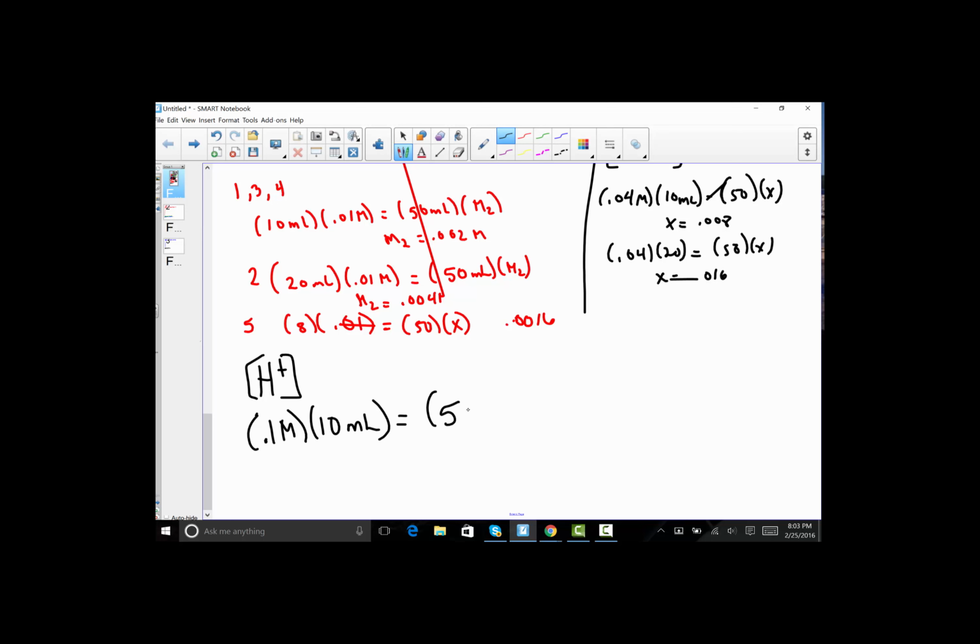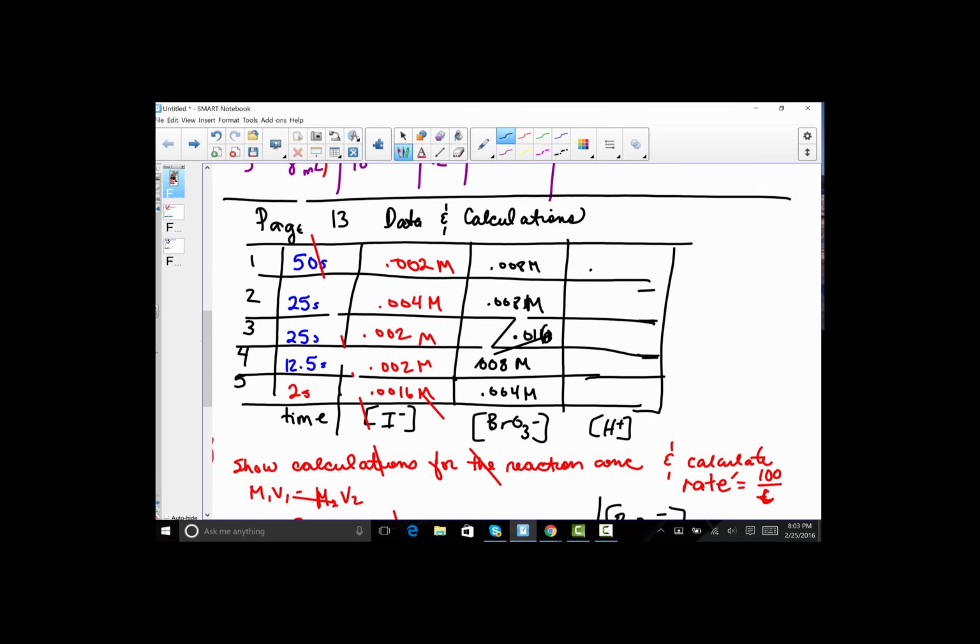We diluted it to a total volume of 50. What is the new concentration? 0.1 times 10 over 50 is 0.02 molar. Alrighty, so right here, 0.02 molar, the H+ column.